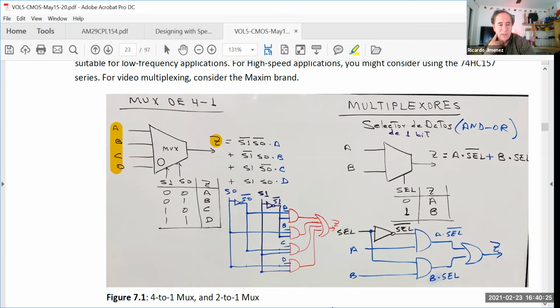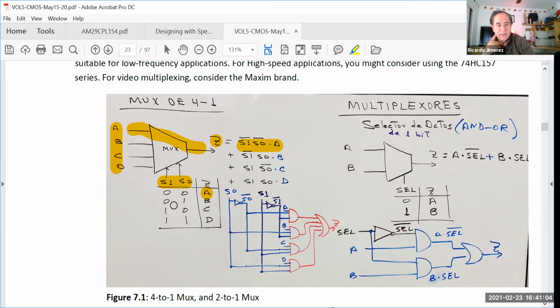Okay, so you want to select the output. You have the selector inputs. When both selector inputs are 0, the channel I will get on the output will be channel A. Look at this: when I have not S0 and not S1, in other words, when they are zeros, channel A will be transferred from here to here.